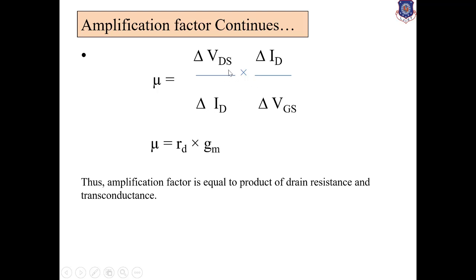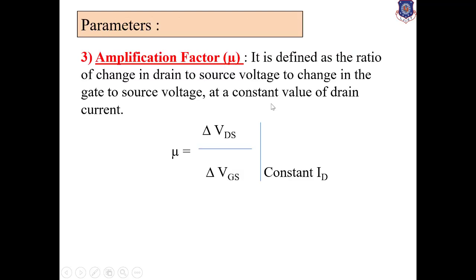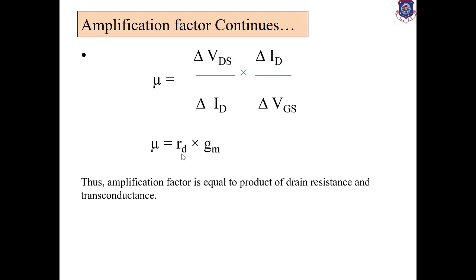So you will have the ratio of VDS upon VGS, and that is the definition of amplification factor, right? So the amplification factor is nothing but the multiplication of RD into GM, the drain resistance into the transconductance of FET.